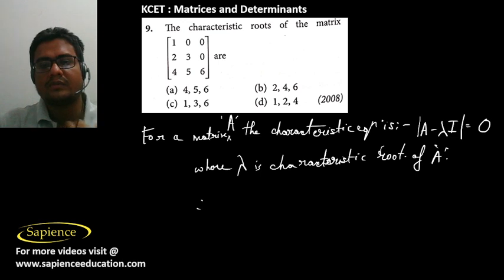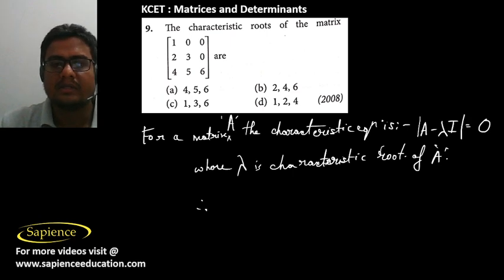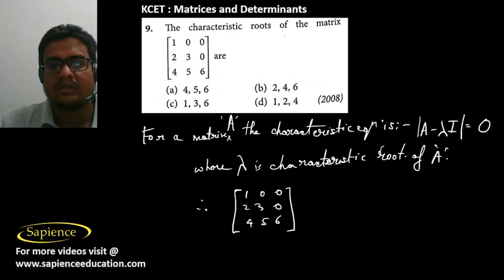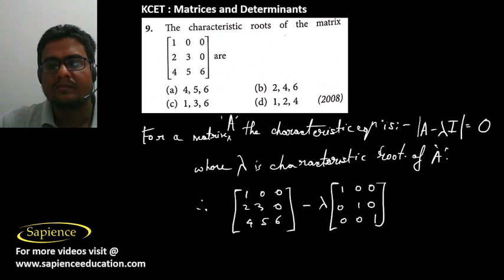So therefore we have to do the determinant of, so first we have to find A minus lambda I. So A is 1 0 0, 2 3 0, and 4 5 6, minus lambda into I, which is 1 0 0, 0 1 0, 0 0 1, that is equal to how much?